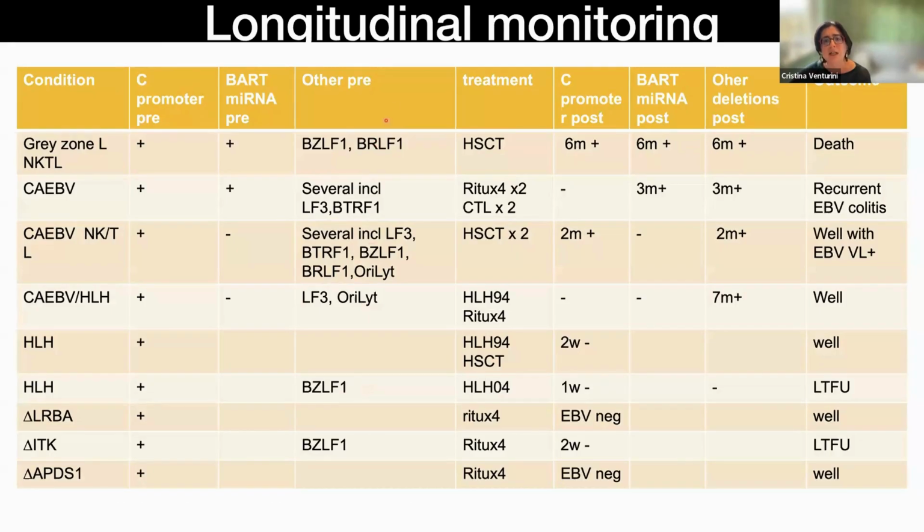All of the patients, of course, received some course of treatment, which could be transplant or rituximab. And then when we look at what happened next, we see that in 7 of the patients the deletions actually ended up disappearing, and the outcome was that they did well.